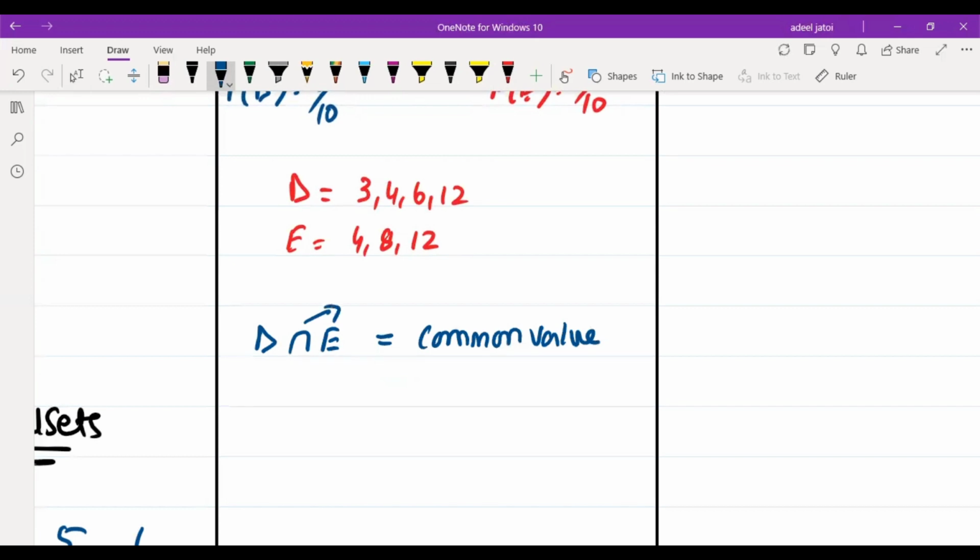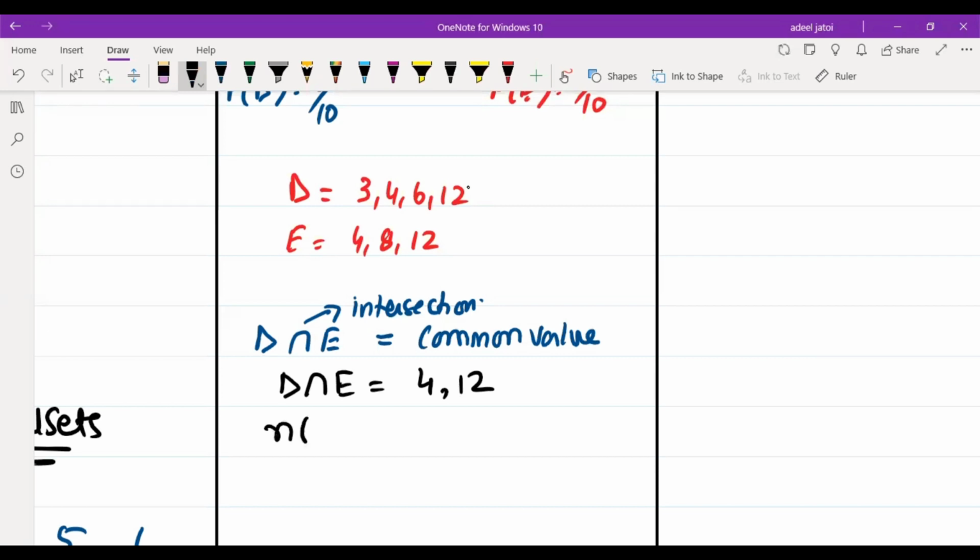This sign represents the intersection sign, and intersection means the common values between D and E. If we look at the common values, the only common values that we have are 4 and 12. So D intersection E is equal to 4 and 12.